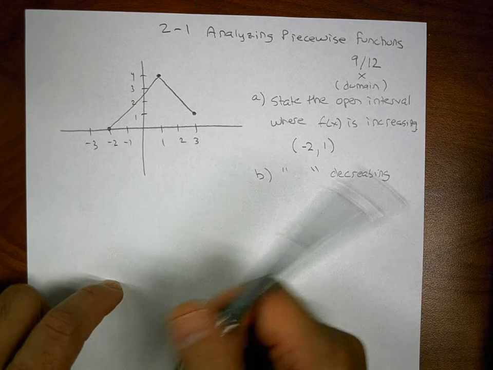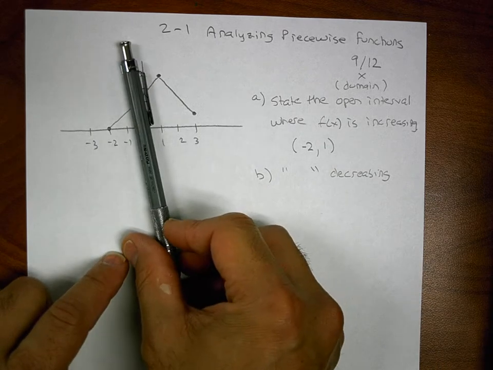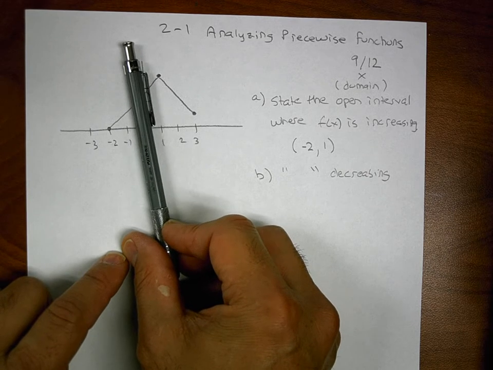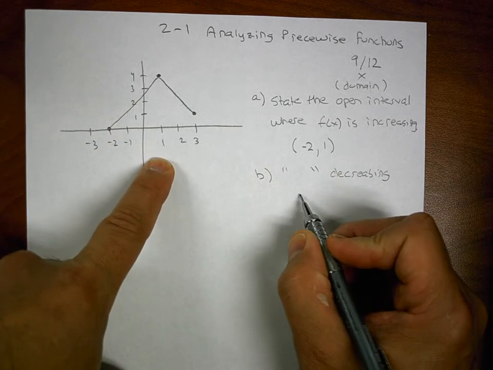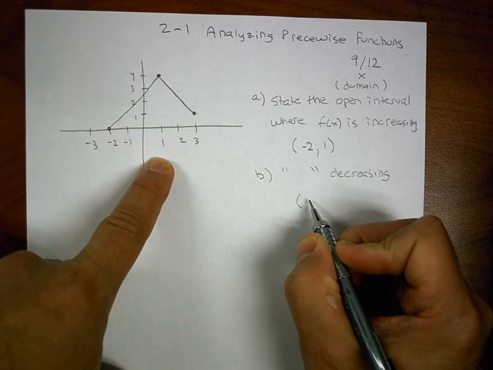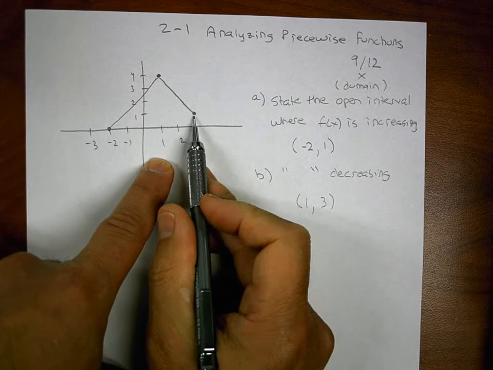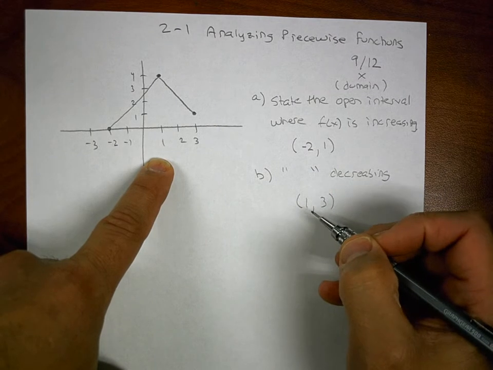Well, if we look at it, again describing by the x-axis number, where would you say this graph is decreasing? 1 to 3. x equals 1 to 3. There we go. And do we put curved? Yes, always curved. So from x equals 1 to x equals 3. I know it's a closed circle there, but it's always open when you describe increase or decrease.